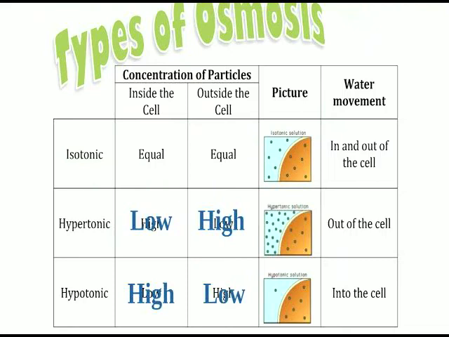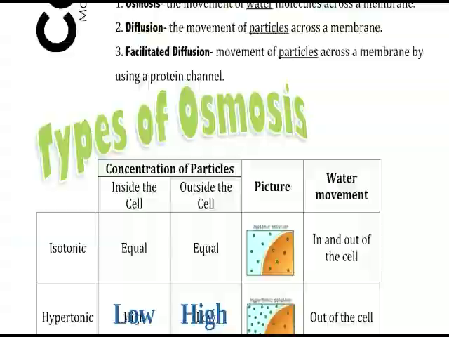It's going to move water from the outside of the cell into the cell to dilute the saltiness on the inside. And when the cell moves water into itself, it's going to begin to expand. And if the cell expands too much, it's going to burst, and this can be very dangerous for a cell as well. So the isotonic solution is the healthiest condition for a cell to survive in.